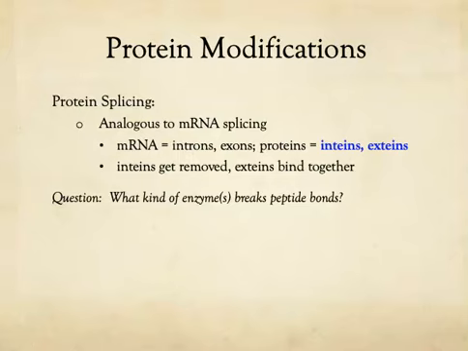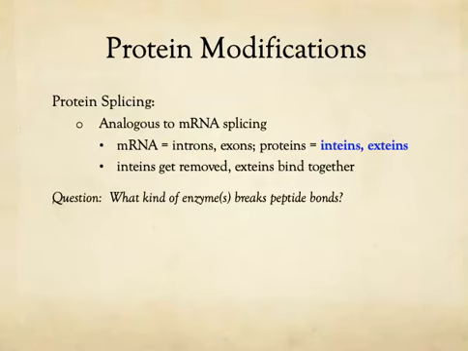I actually mentioned one of these families earlier in the lecture. Remember when we looked at the translocon in the membrane of the rough endoplasmic reticulum? And we saw that there's a region of the translocon that is an enzyme. That enzyme is called the signal peptidase.